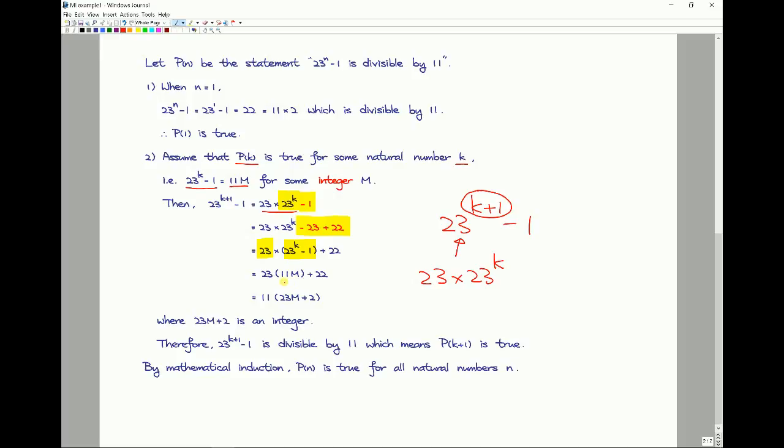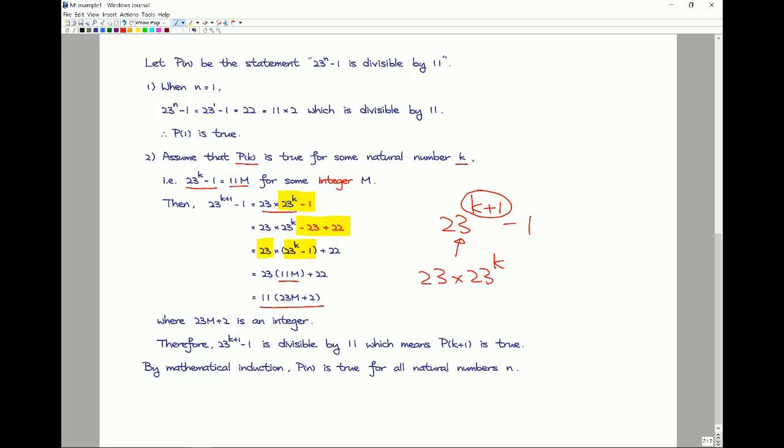So now you can replace it by 11 times m, and after simplification, you see 11 times (23m plus 2). And you can see why we have to emphasize that m is an integer.